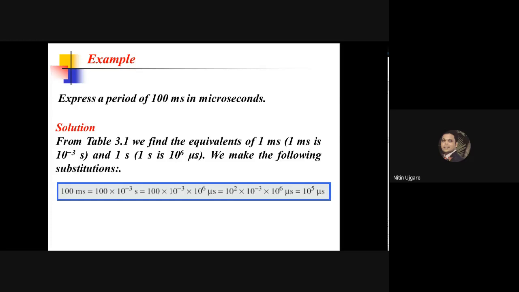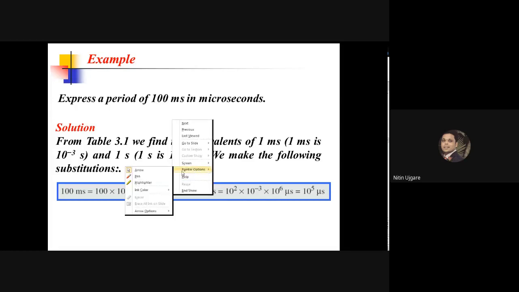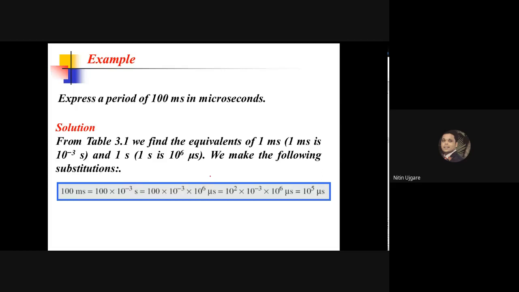Now we'll make some substitutions for this. Let me take a pen so that I can explain. We have to express 100 milliseconds in microseconds. So how do I convert 100 milliseconds into seconds? 100 milliseconds will be represented in seconds as 100 into 10 to the power minus 3.